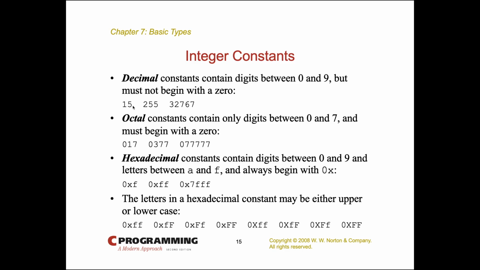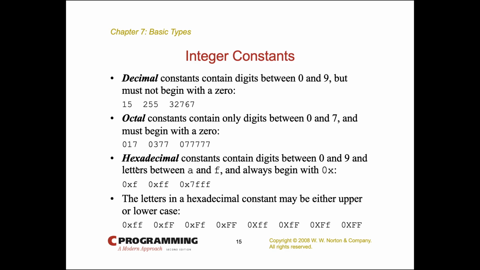Just use 15, 299, 32,767, something like that. Okay, an octal constant contains only digits between 0 and 7, right? Octal is base 8, so it must begin with 0, right? Like 017, 0377, something like that.